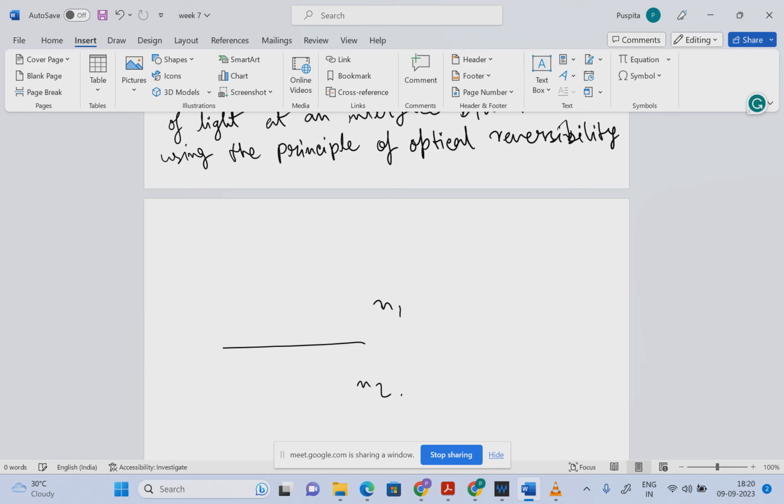The amplitude reflection coefficient is R1 and the transmission coefficient is T1.